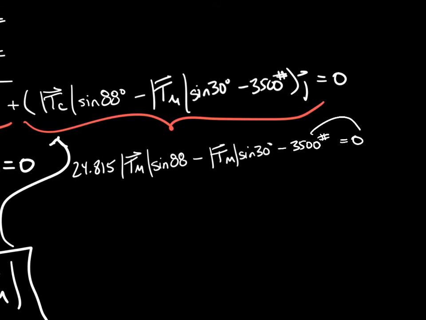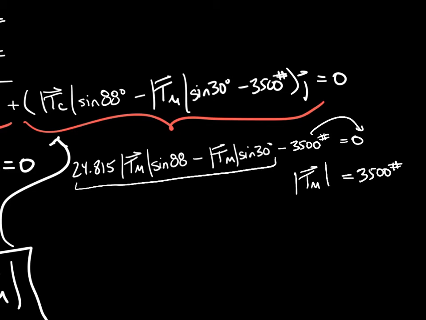So we're going to bring the 3,500 over, so equals 3,500 pounds, and I'm going to combine these two terms. There'll be a TM here because I'm going to factor that out. I'm going to be left with 24.815 sine 88 minus the sine of 30.